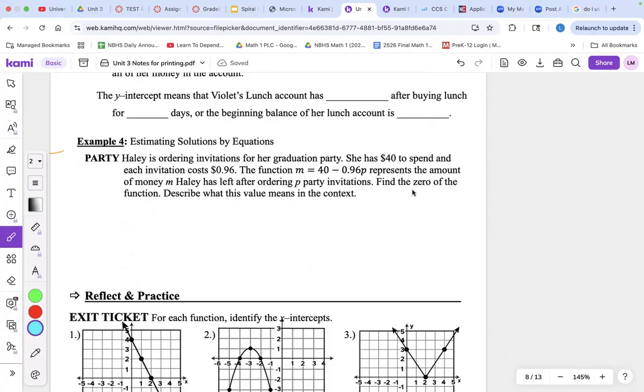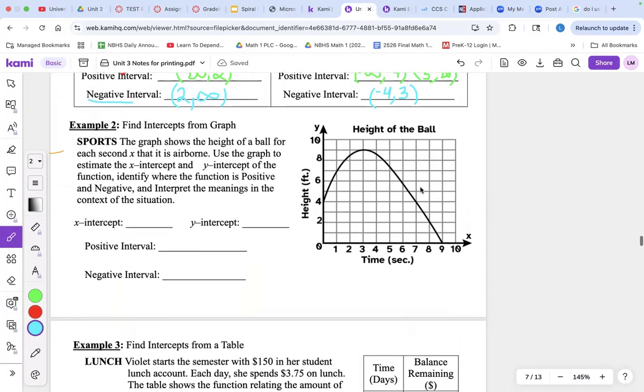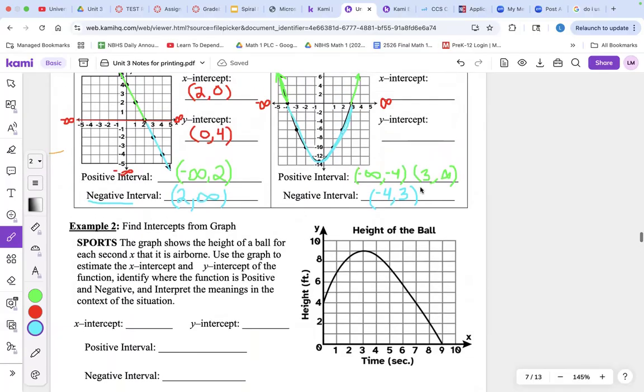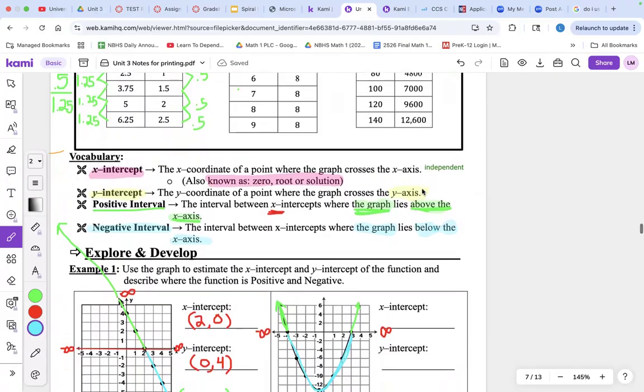Which one represents 0? It says find the 0. Remember? So is 0 x or 0 y? Yeah, go back to your notes. Today, yesterday, day before yesterday. Go back, go back.